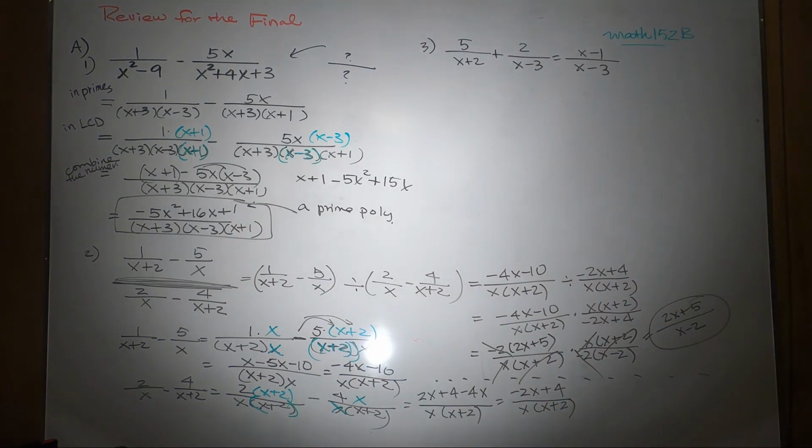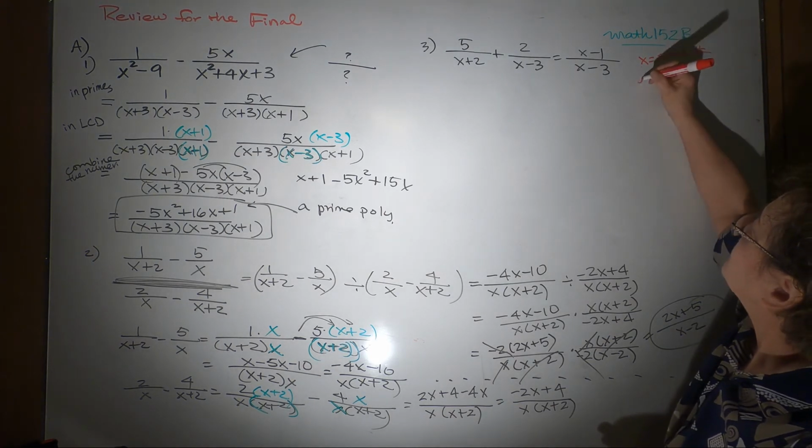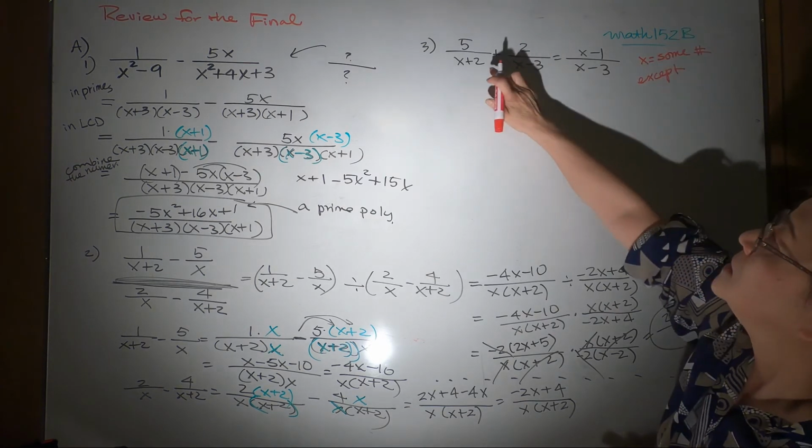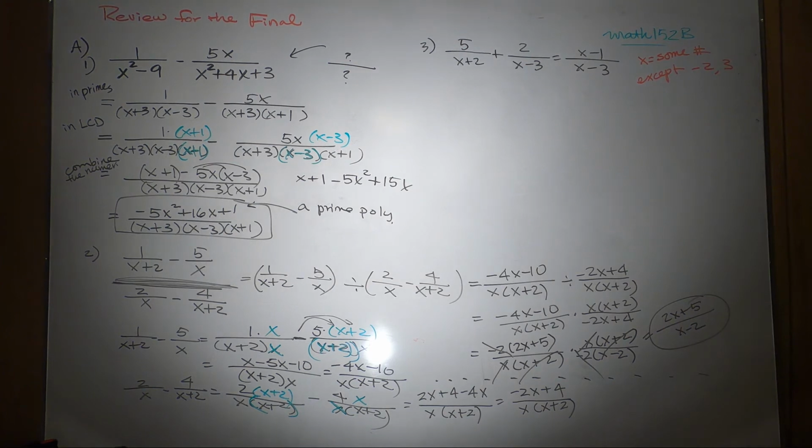So when we try to solve it, because it's a rational equation, it means it is a fraction, then the denominator cannot be 0, right? When you find the answers, you better check the restrictions as well. So you know x equals some numbers, except which ones you cannot use: negative 2 and what? 3, right? That's what you need to check.